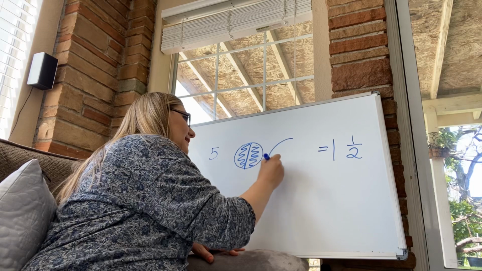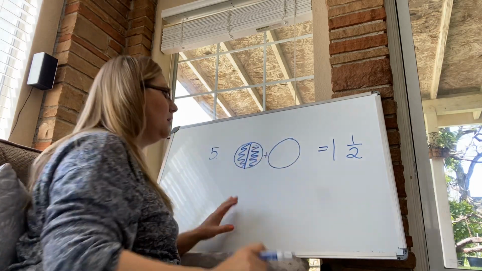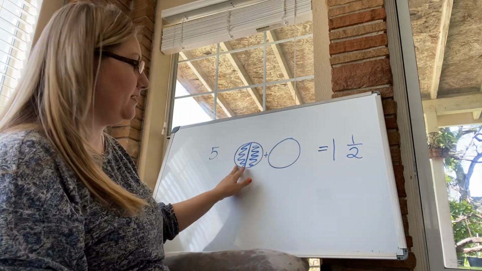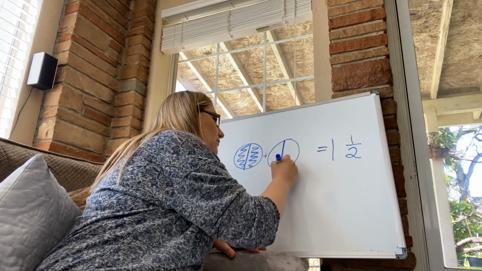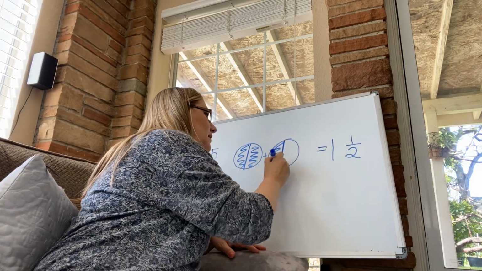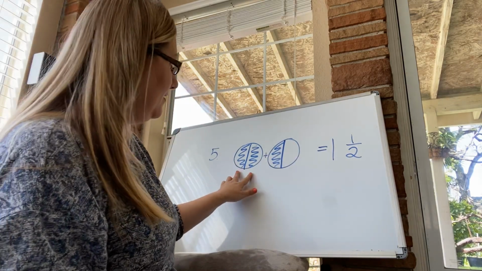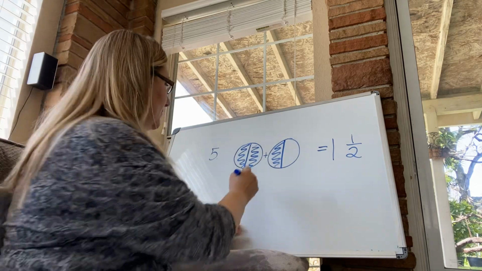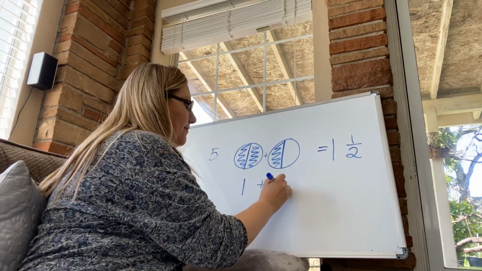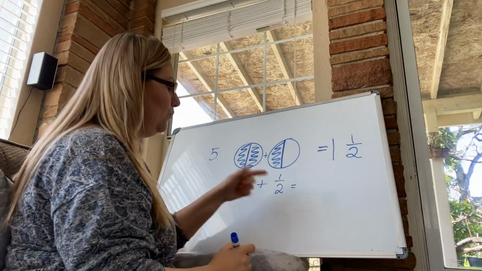So we need a whole of something that's been cut into 2. And we need another half. So this is 1 1/2. The 1 plus 1/2 equals 1 1/2.